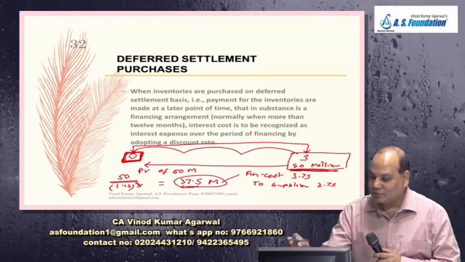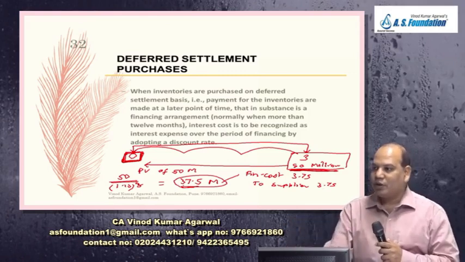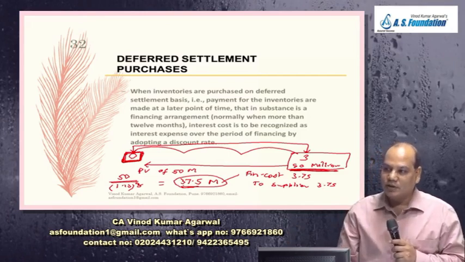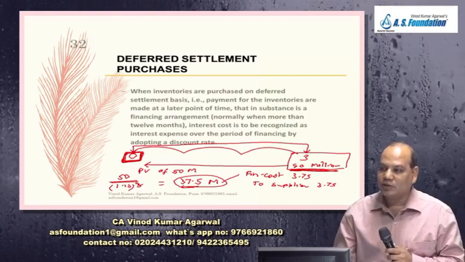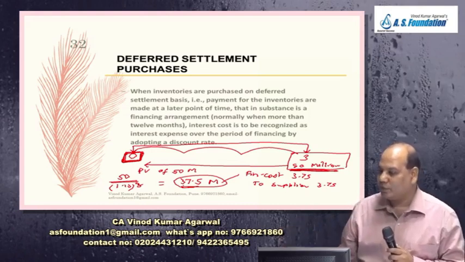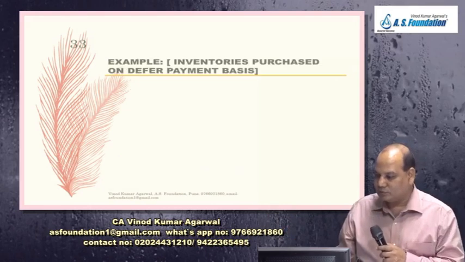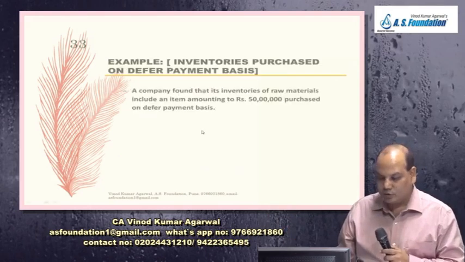Again next year 37.5 plus 3.75, and 10% of that will be the finance cost of the second year, and this way third year, and then you will make the payment of 50 million, supplier account debit to bank. Is it right? So now what we'll do, we'll solve one example on this in the notebook.